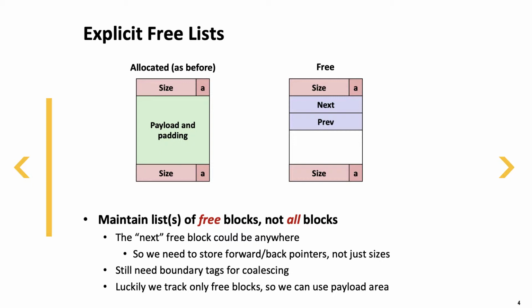The previous free block could be anywhere in memory. When we're coalescing, we're talking about the last block, the previous block in the address space, right? So we're talking about the block that's, you could almost think of it as physically closest to the block we just freed, and the block that's physically closest, further on down the address space, to the block that we just freed.